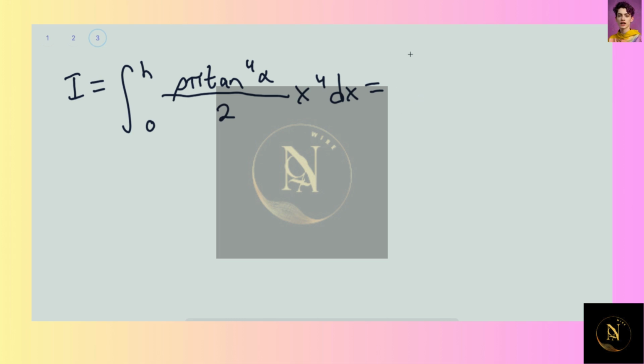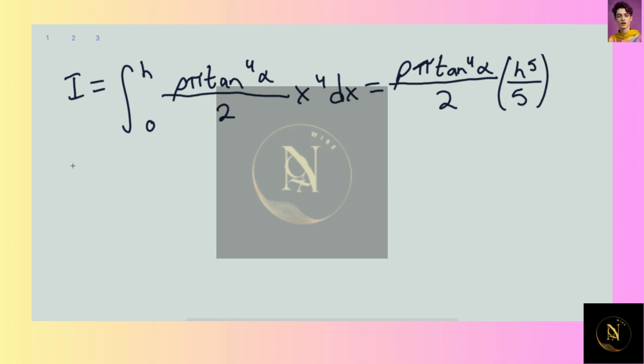So this is going to be rho pi tan to the 4th alpha divided by 2 times h to the 5th over 5. And we can say I equals pi rho divided by 2 times r to the 4th over h to the 4th.